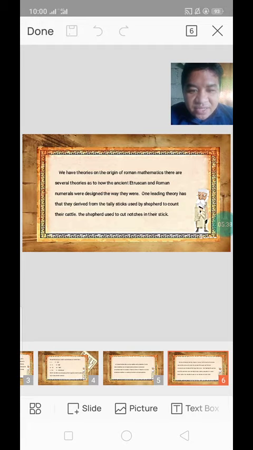The shepherds used to cut notches in the sticks. Another theory regarding the Roman numerals is the hand, where one finger is equivalent to 1, 2 fingers equivalent to 2, and lastly the 5. For example, V is equivalent to 5. This is one of the theories on our topic.